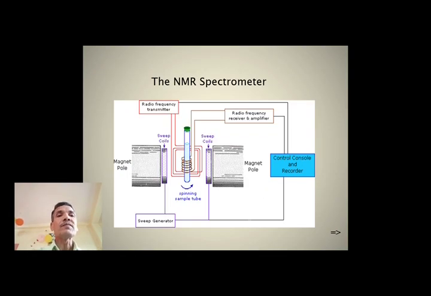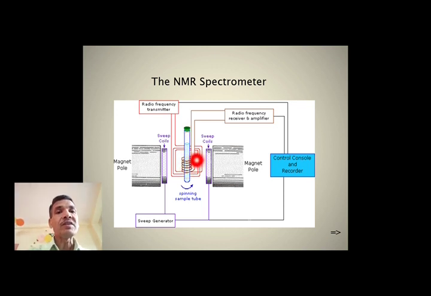You will see here the block diagram of an NMR spectrometer. In the NMR spectrometer, two powerful magnets are used, within which the radio frequency transmitter is kept, and a sweep generator generates the radio frequency radiations, which are transmitted by the radio frequency transmitter to the sample under testing, which is kept in this sample cell.